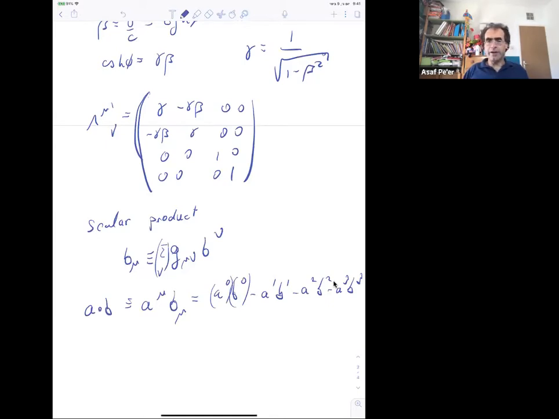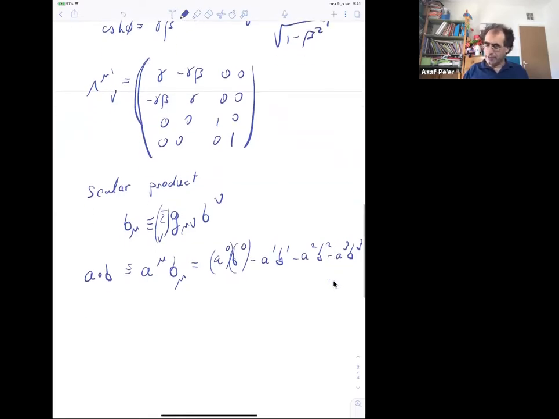So in a Minkowski space, now of course the norm of a vector, A squared, is just A dot A, the square of the norm of a vector. So in a Minkowski space, the norm of a vector can be 0 even if the vector itself is not 0.